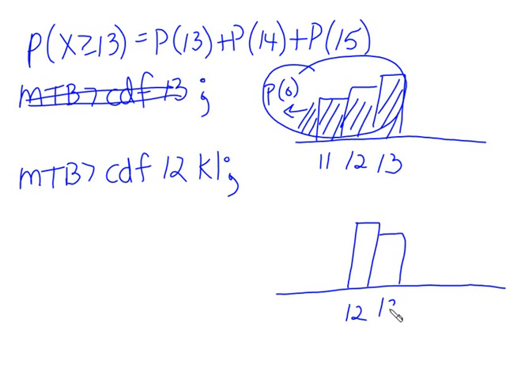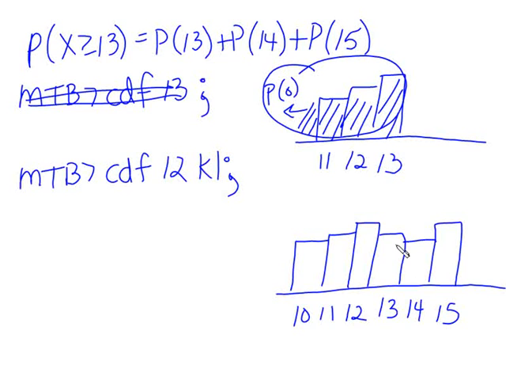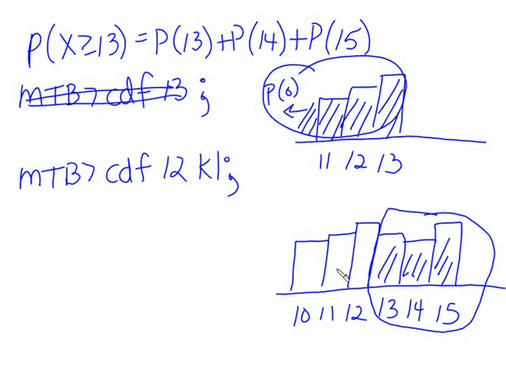If this was 12, and again these are just random histogram bars, 11, 10, we'll do 14 and 15. We want to have these probabilities here. The sum of the probability for 13, 14, and 15.